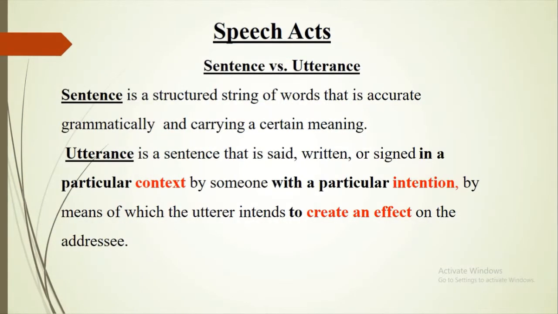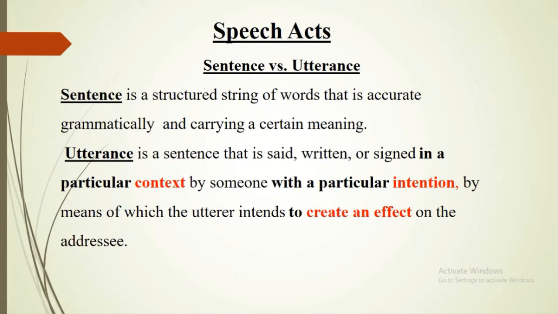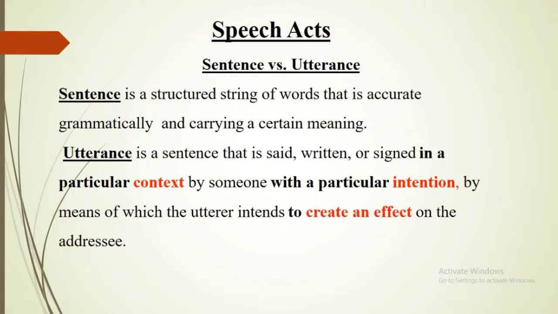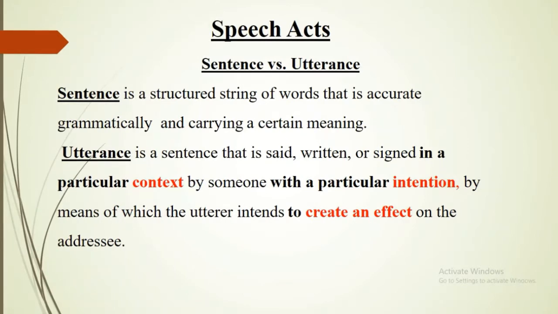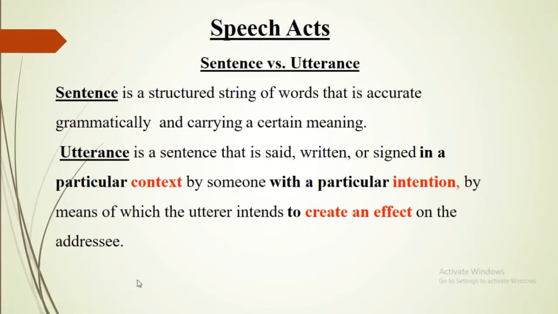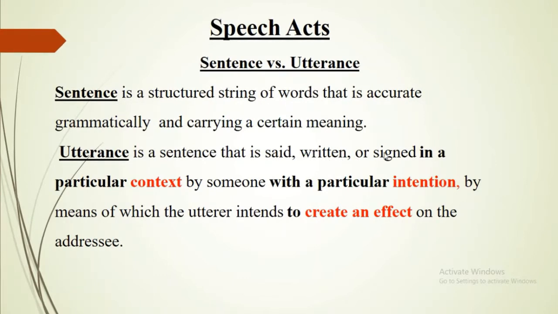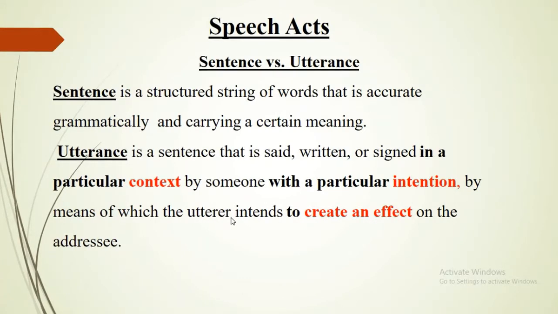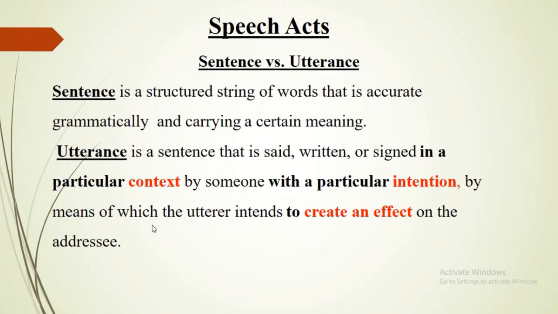Sentence and utterance are two important concepts to understand speech acts. So, we are going to highlight these two concepts before talking about speech acts. A sentence is a structured string of words that is accurate, grammatical, and carries a certain meaning. In contrast, an utterance is a sentence that is said, written, or signed in a particular context by someone with a particular intention, by means of which the utterance intends to create an effect on the addressee.